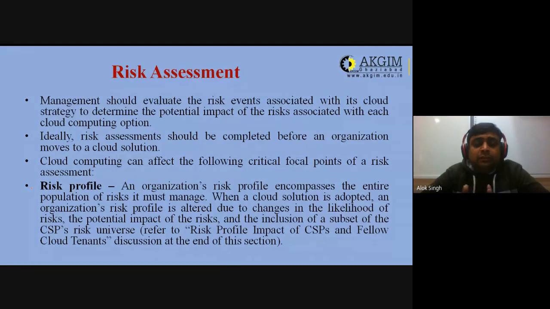Is it a long-term, short-term, or medium-term impact? That you should identify, along with the inclusion of the subset of the CSP risk universe. Refer to the risk profile impact and cloud service providers or fellow cloud tenant discussion at the end of this section. So this is basically the risk profile.